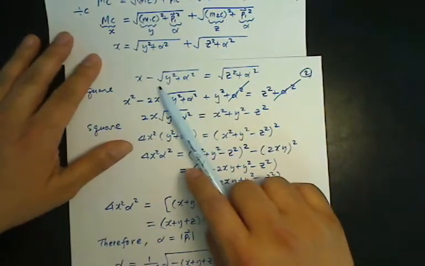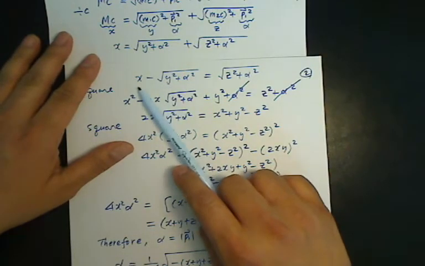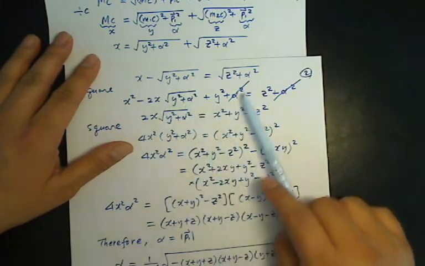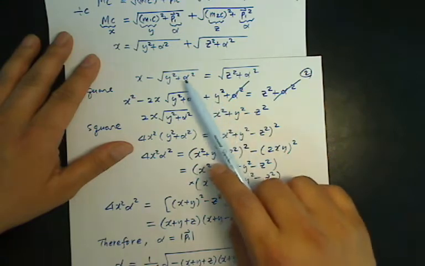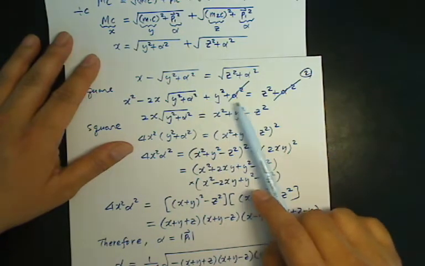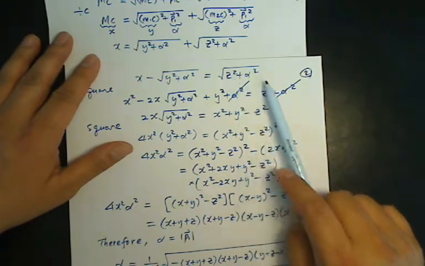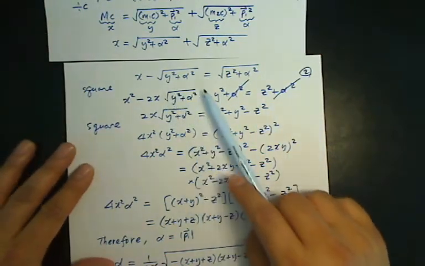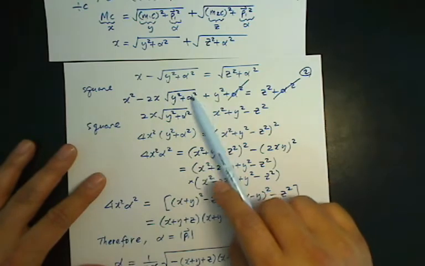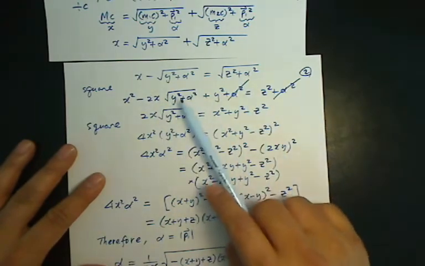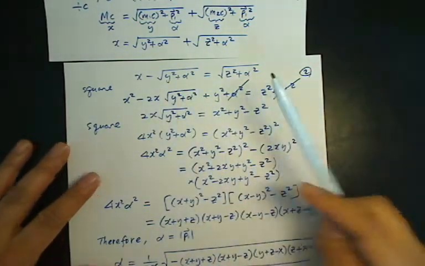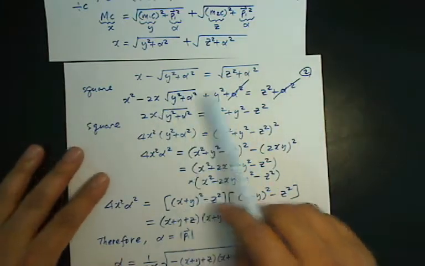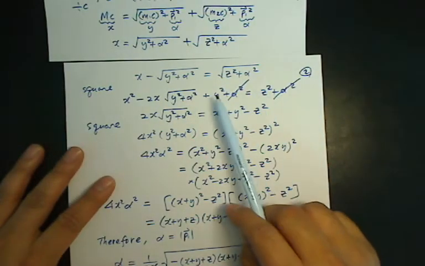If you take the square, x squared minus 2x times the square root, and the square of this is y squared plus alpha squared. This side is z squared plus alpha squared, and the alpha squared terms cancel. Now we still have a square root. Move this one to the right, flip the left and right, and move this z squared to the left.